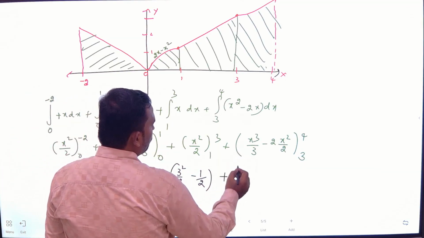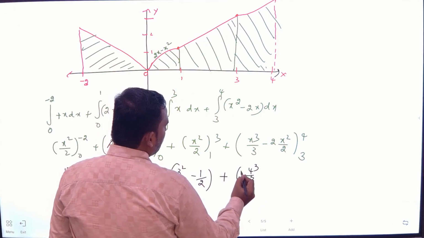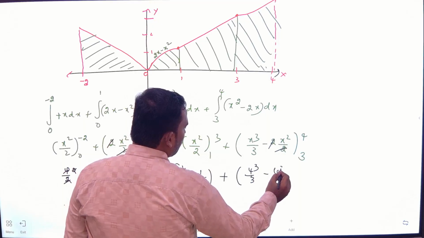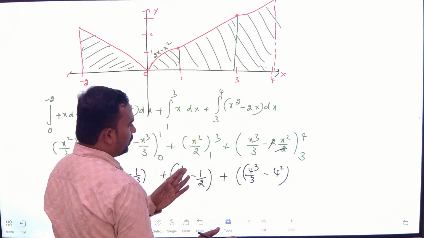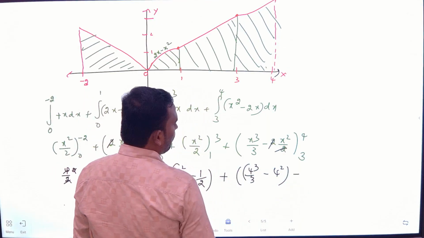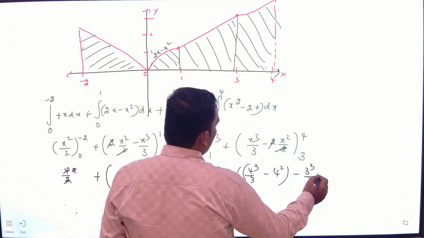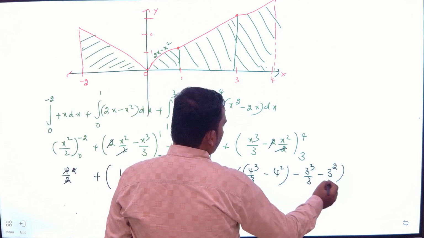Yes, good. So here 4 cube by 3 minus 4 square, upper limit applied. Now you can minus the lower limit, 3 cube by 3 minus 3 square.